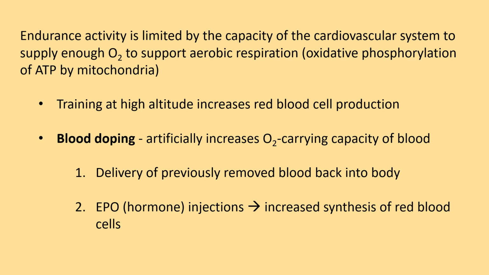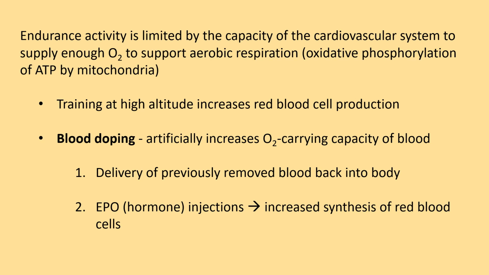It comes in a couple of varieties, but what they have in common is blood doping is a technique for artificially increasing the oxygen carrying capacity of blood. So we're going to artificially increase your hematocrit, or the proportion of blood that is made up of red blood cells. So two ways. The old school form of blood doping is number one here.